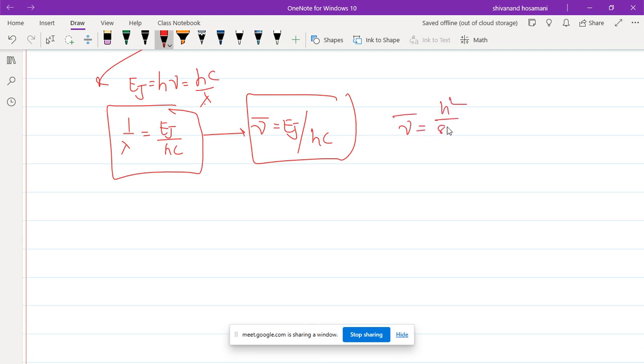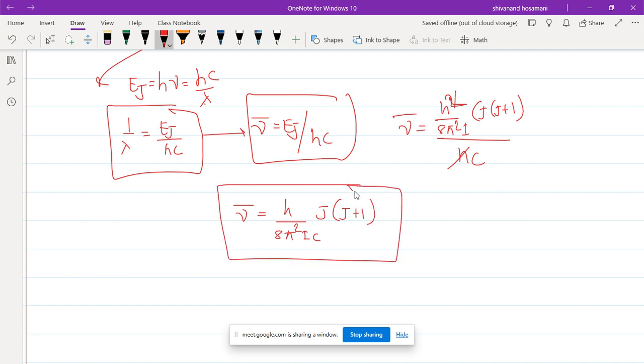Then if I substitute the EJ value, EJ is h square divided by 8 pi square I into J into J plus 1, divided by hc. h cancels, and what remains is nu bar equal to h divided by 8 pi square I c into J into J plus 1. This is the nu bar, the wave number.